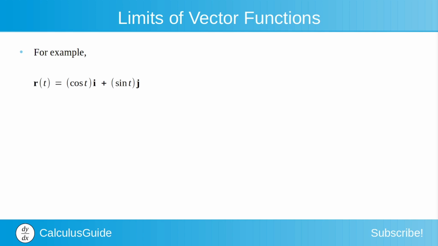For the function r of t equal to cos t i plus sin t j, the limit of r of t as t approaches pi over 3 is equal to [the limit of cos t as t approaches pi over 3] i, plus [the limit of sin t as t approaches pi over 3] j.